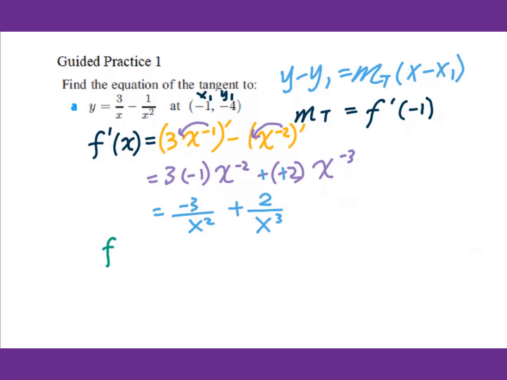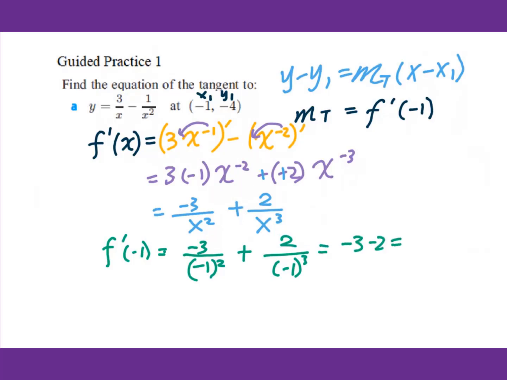Then we plug -1 into this derivative function. You will get -3 over -1 squared plus 2 over -1 to the third power. That is -3 minus 2 equals -5.